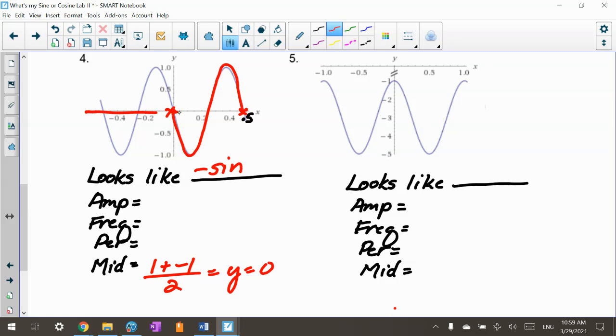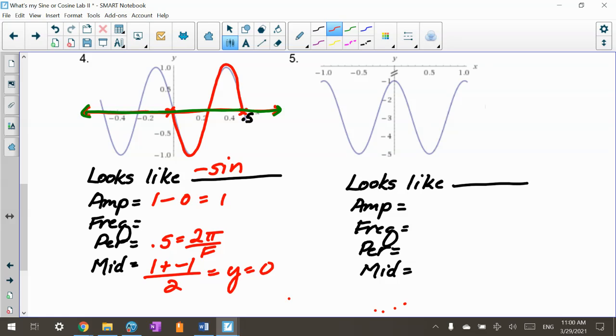So let's use some Christmas colors if I can here. Okay, so y equals 0 looks like in the middle. My amplitude is high minus my midline, or 1. My period is 0.5 or a half, which equals 2 pi over my frequency. And I think I put 5 online.